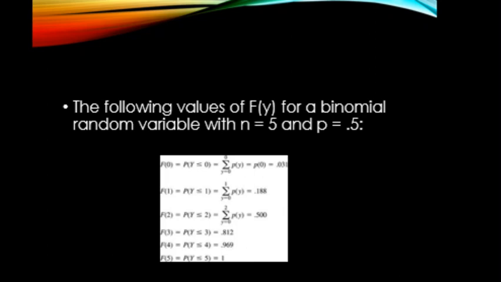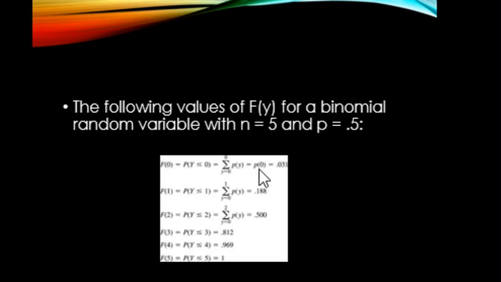Here is another look at a discrete random variable. So we know the binomial random variable is discrete. Let's say we have a binomial random variable where n is 5. Okay, so we have 5 Bernoulli trials, and the probability of success on each trial is 0.5. So based on what we have learned in the previous chapter, F of 0, the cumulative distribution function at 0, is probability of y less than or equal to 0.